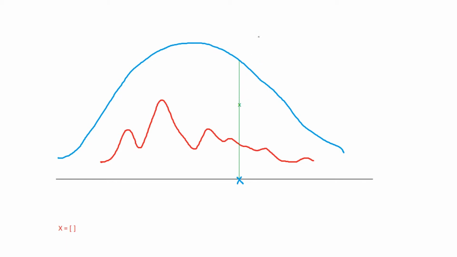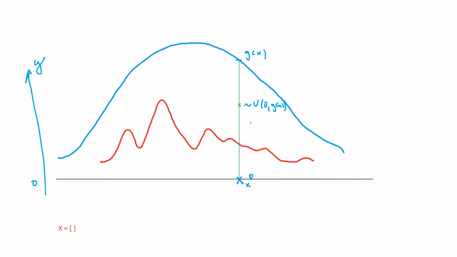This basically means that we sample from a uniform distribution between 0 and g(x). On the y-axis, this is 0 and this is g(x), and we just choose a random point on this line uniformly.